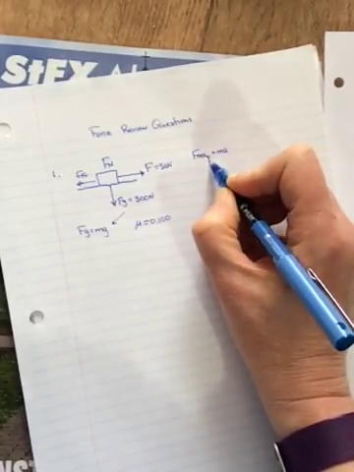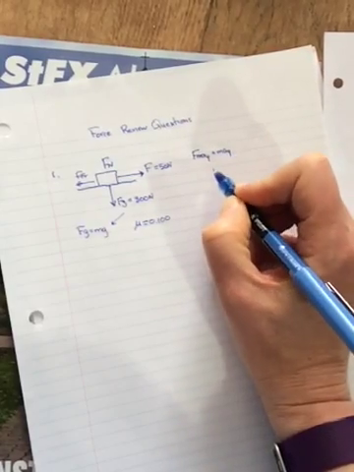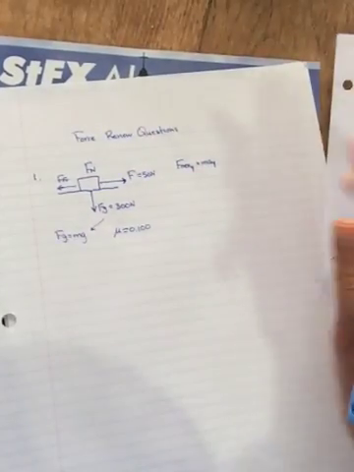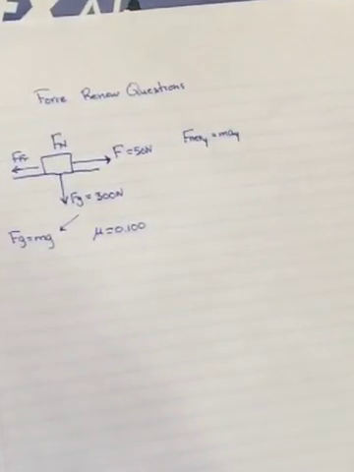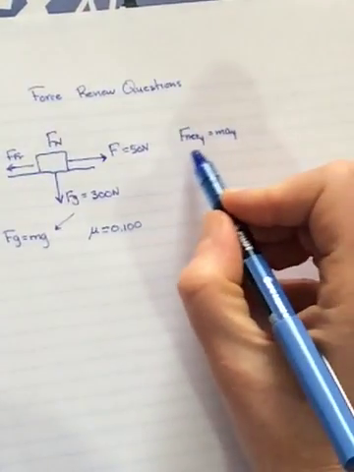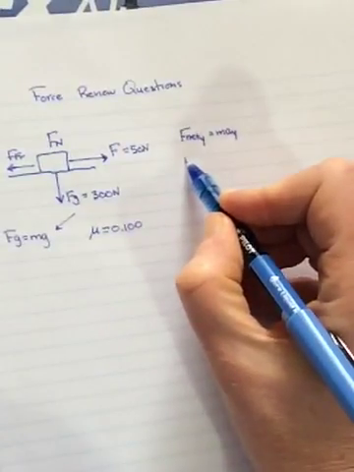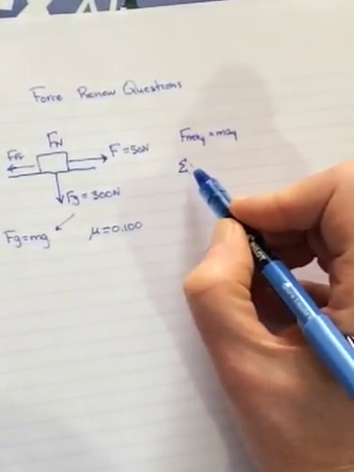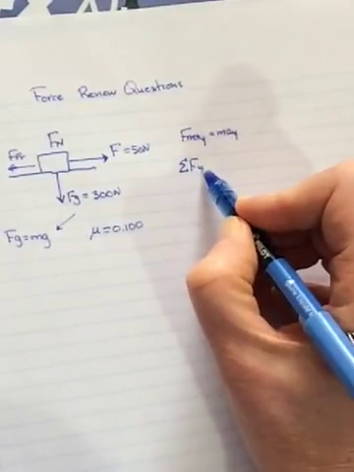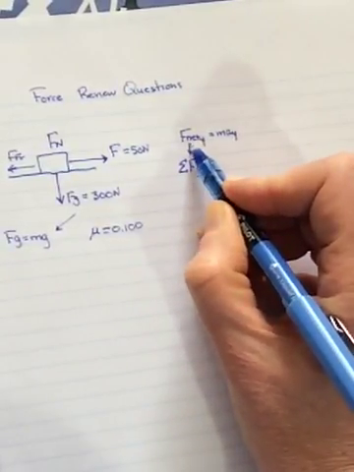Okay, so you can do the F net in the y direction, and usually instead of writing F net y, because it's then like a whole sentence of subscripts, I usually use the sigma symbol that you've learned in math. So the sum of the forces in the y. These two things are exactly the same.